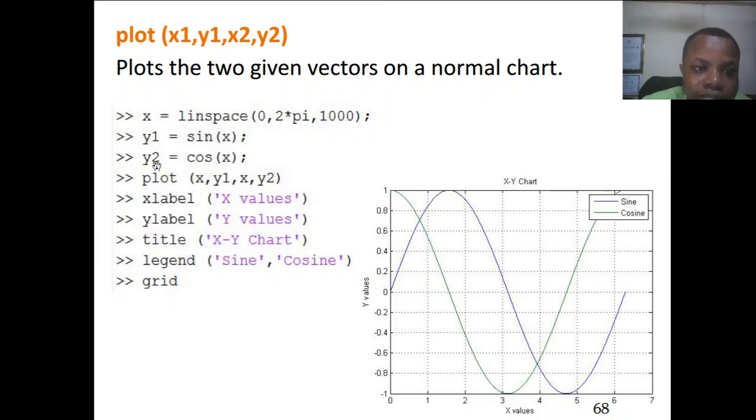Before we can plot this, we have to use the plot function. For the first data set, we plot x against y1, followed by the same x, then the second sequence. So this first takes care of the sine, and the next one takes care of the cosine. This is how we get to plot two or more plots.